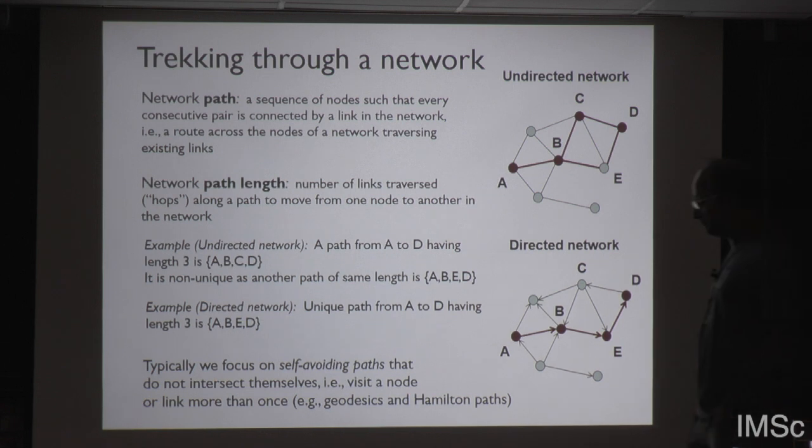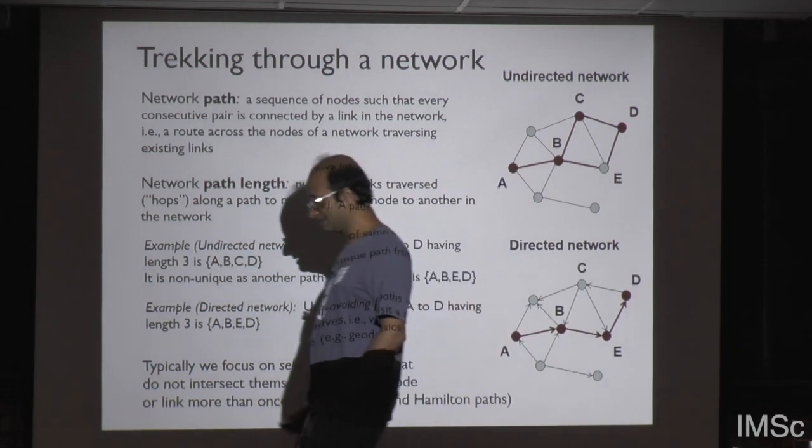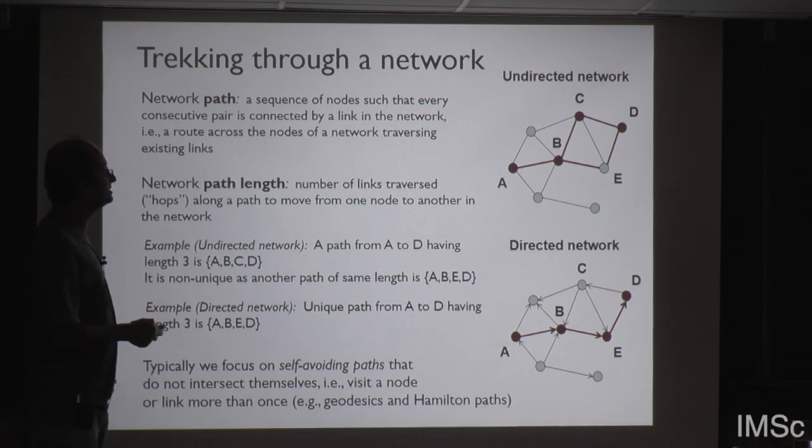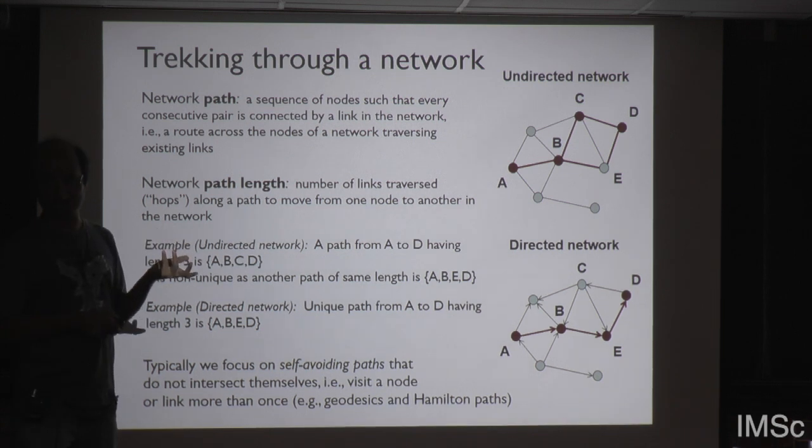Now, I mentioned path length. The reason we are often extremely interested in questions of path length is because this tells us how quickly the influence or the disturbance in one part of a network can propagate to a different part of the network.